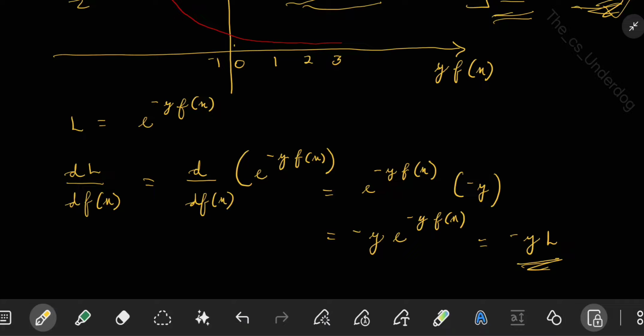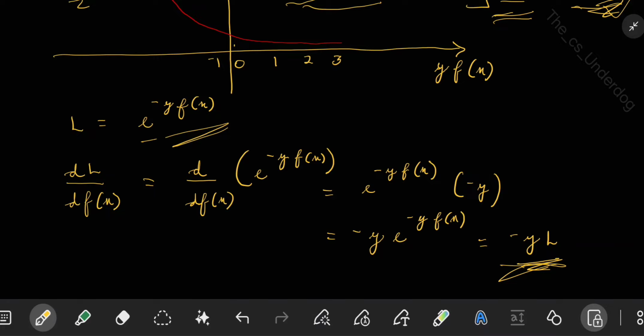From this you can automatically understand that when the loss has a very large value, your gradient also has a larger magnitude. That is, the value will be small, but the magnitude will be large. Whenever your loss is larger, you want a larger gradient.